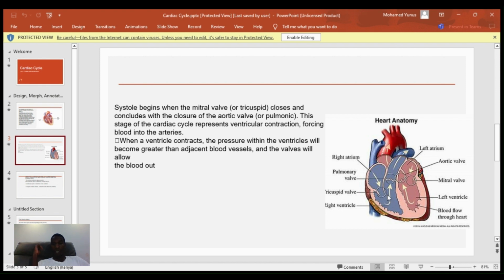Then the remaining 30% will pass the valves when there's an increase in pressure, and that increase in pressure comes from the contraction of the walls of the atrium. These are the walls of the atrium. When they contract, they increase the pressure in here, and it forces the blood to open these valves. Same on this side, it forces the blood to open this valve into the ventricles.